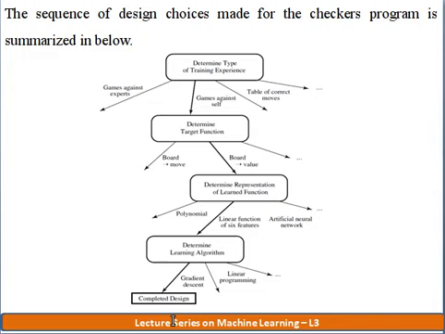For example, we have restricted the type of knowledge that can be acquired to a single linear evaluation function. Further, we have constrained this evaluation function to depend on only 6 specific board features provided.